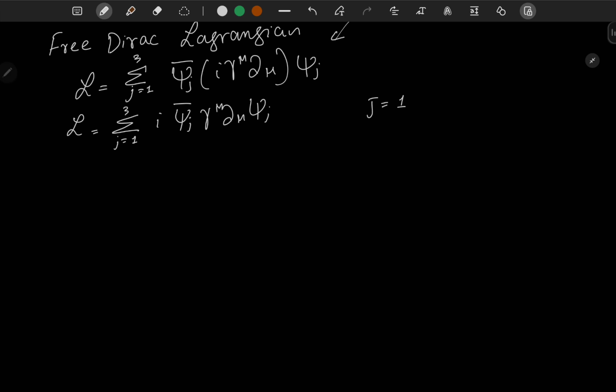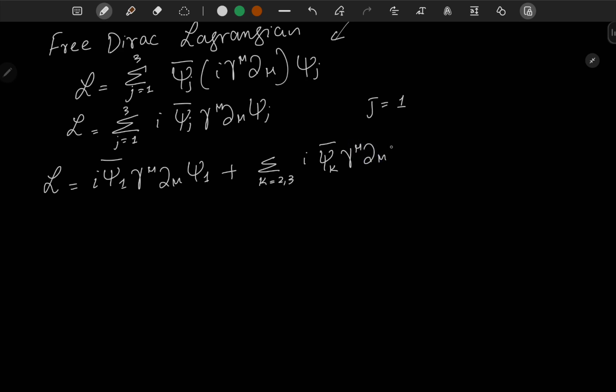Now that we know this, we are going to decompose our Lagrangian like this: i psi1 bar gamma mu d mu of psi1, plus, and we are going to use k equal to 2 and 3, i psi k bar gamma mu d mu psi k.